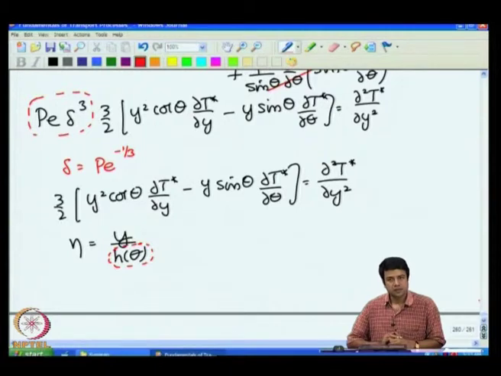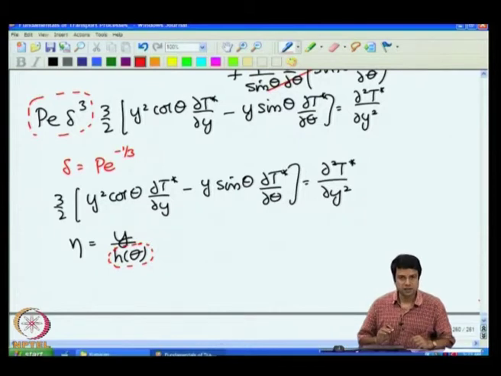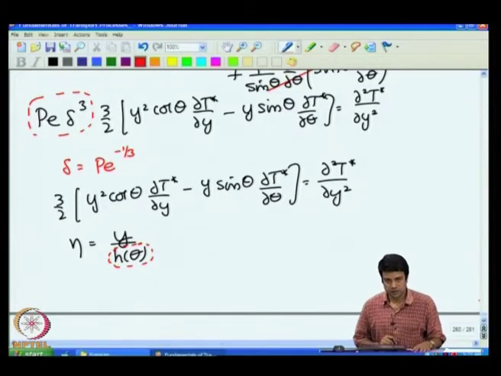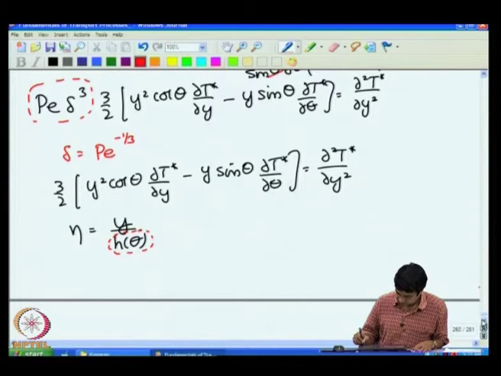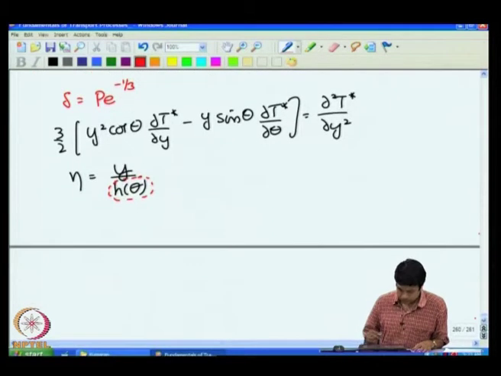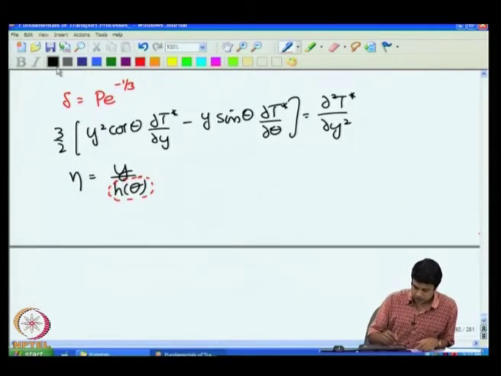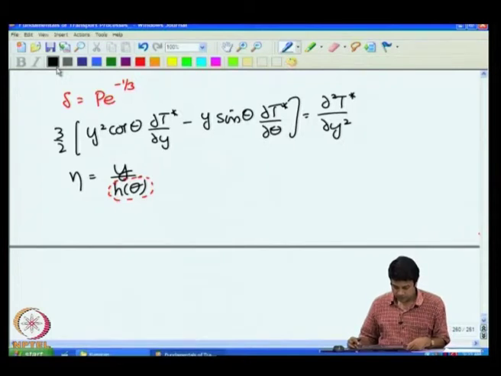Last lecture we started solving this problem by defining a similarity variable eta is equal to y by h of theta, where h is right now some unknown function. Now, I can substitute for y and theta in terms of eta.